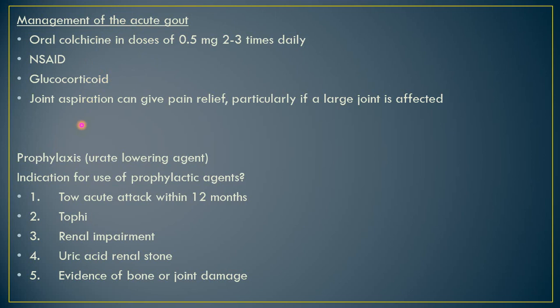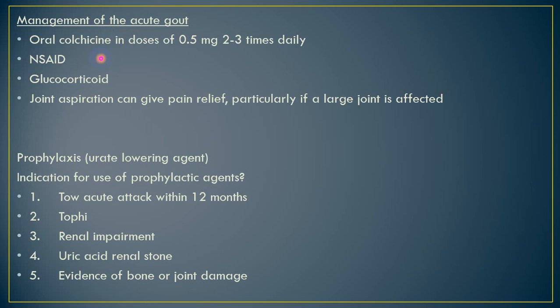Finally, for symptomatic relief, joint aspiration can give pain relief, particularly if a large joint effusion is present. This is about the acute attack. So, what about prophylaxis or prevention of further attacks in the future?